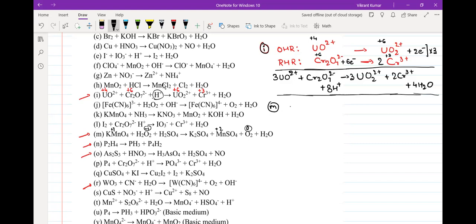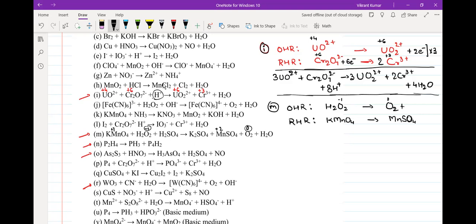And that's why if I am writing OHR, I'll be writing H2O2 giving O2. And if I am writing RHR, I'll be writing KMnO4 giving MnSO4. Is it okay? Simple abhi tak. Now, oxygen is balanced, Mn is balanced, so we don't have to put any coefficient, but based on the total change in oxidation state, change per oxygen is 1.